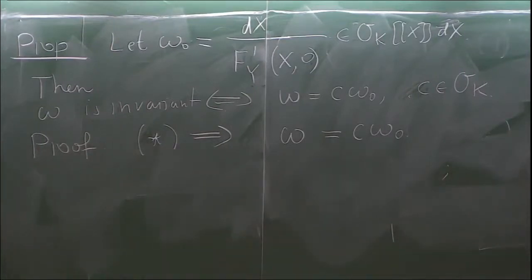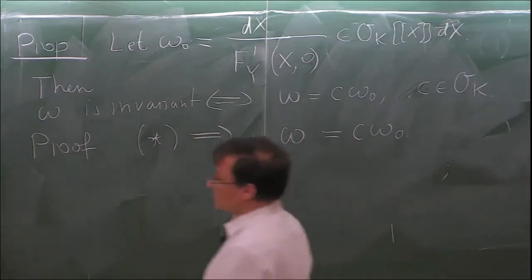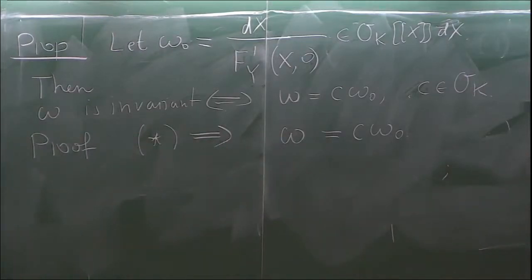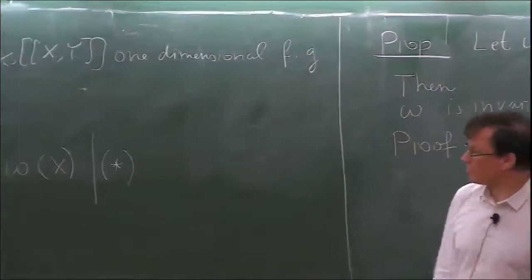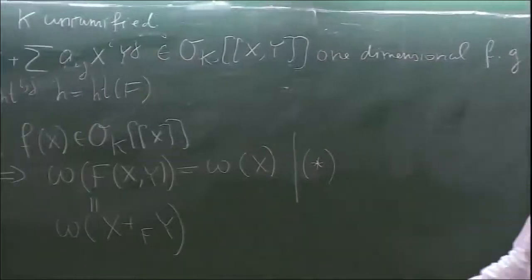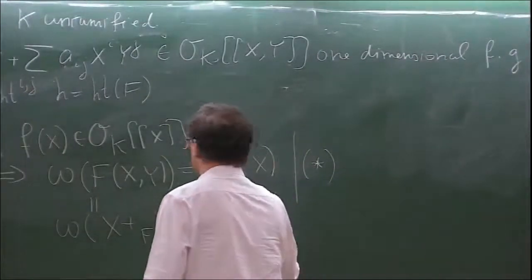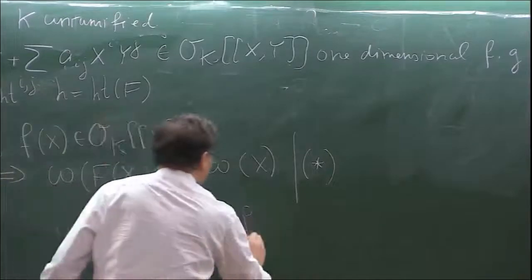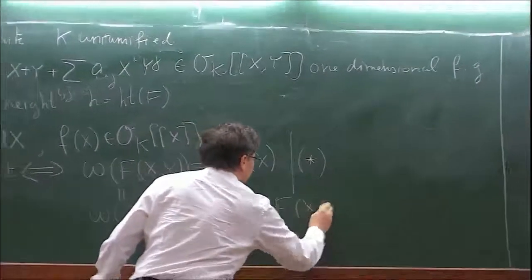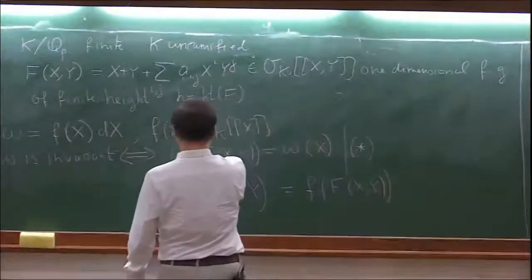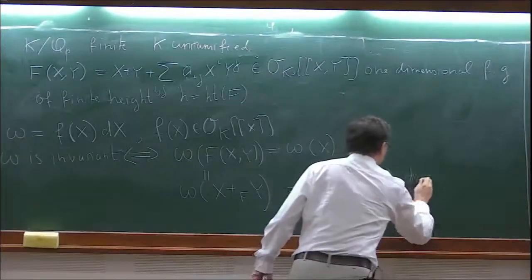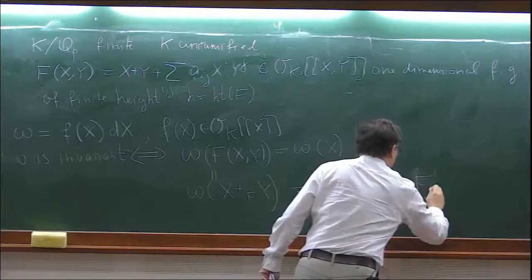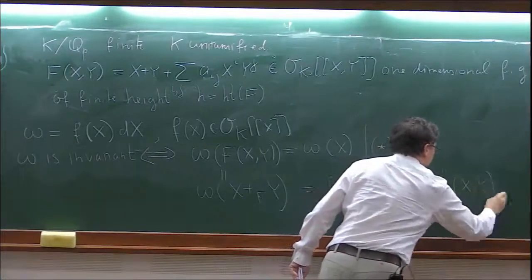Sorry? Star, this is a definition of that, yeah. So this thing is f of x, x, y, and next you take the derivation, so f prime x, x, y, dx.